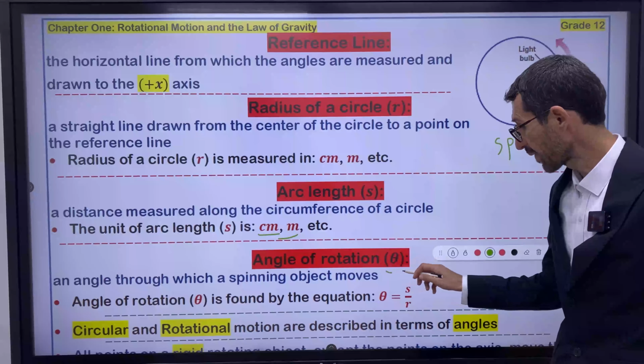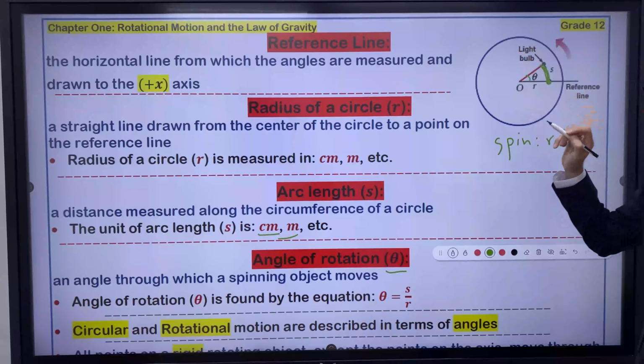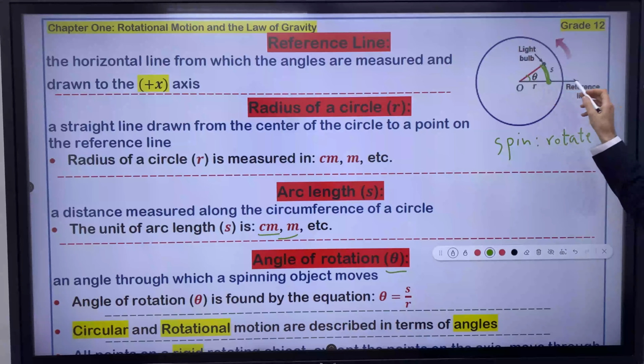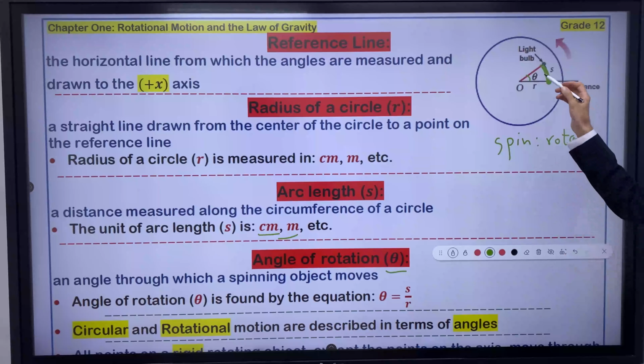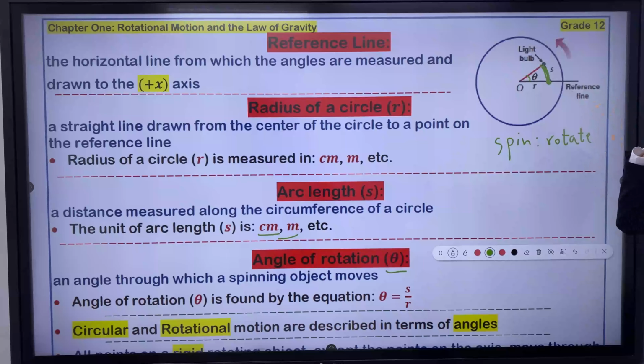By the way, this is theta. The angle between the reference line and the radius is called theta. This angle is located against the arc length.